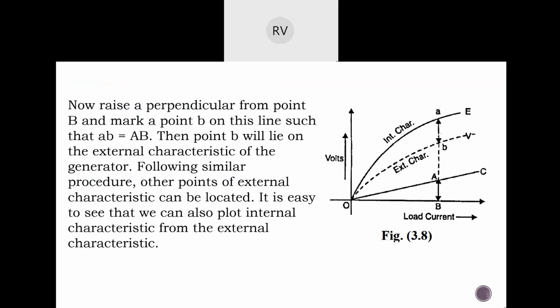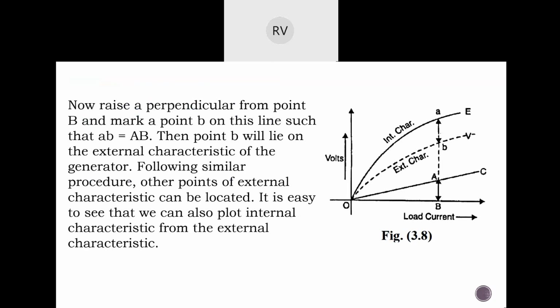OB is the load current, so if you multiply the load current by the resistance RA plus RSE, you will get the total ohmic drop AB. Now raise a perpendicular from the point B and mark a point small b on this line such that small ab is equal to capital AB.